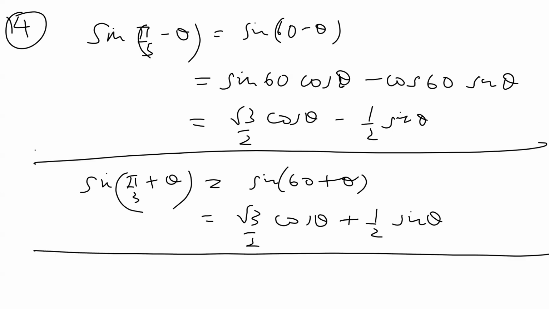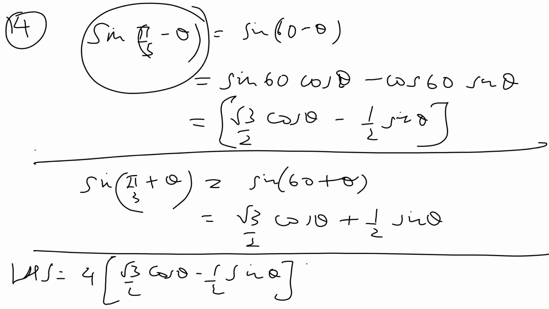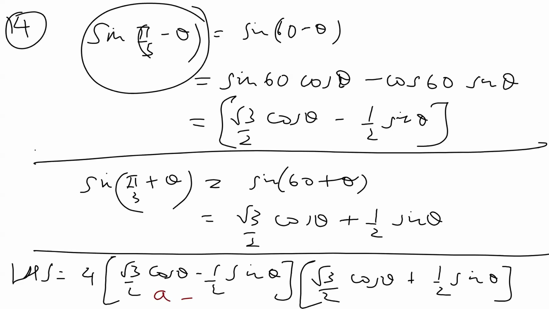Now left hand side, 4 into this, but then the value of this we have calculated: root 3 by 2 cos theta minus half sin theta, root 3 by 2 cos theta plus half sin theta. Now this is of the format a minus b into a plus b, so it is a square minus b square.